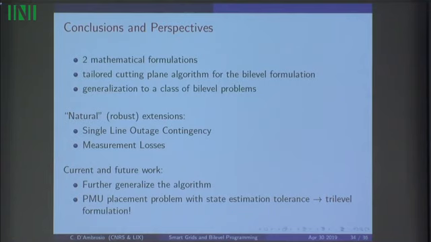There are some techniques that allow us to estimate the state of part of the grid, and we extended the formulation to the case of PMU placement in which part of the state of the grid is estimated, but we guarantee a given error.